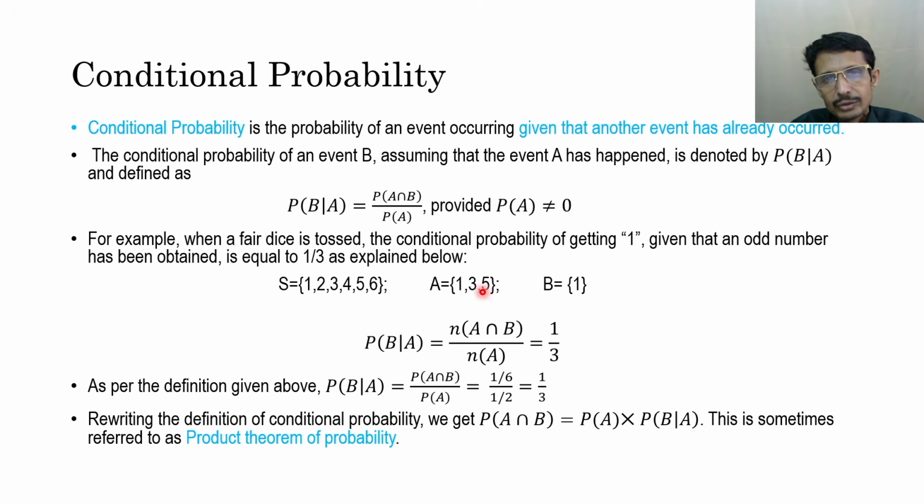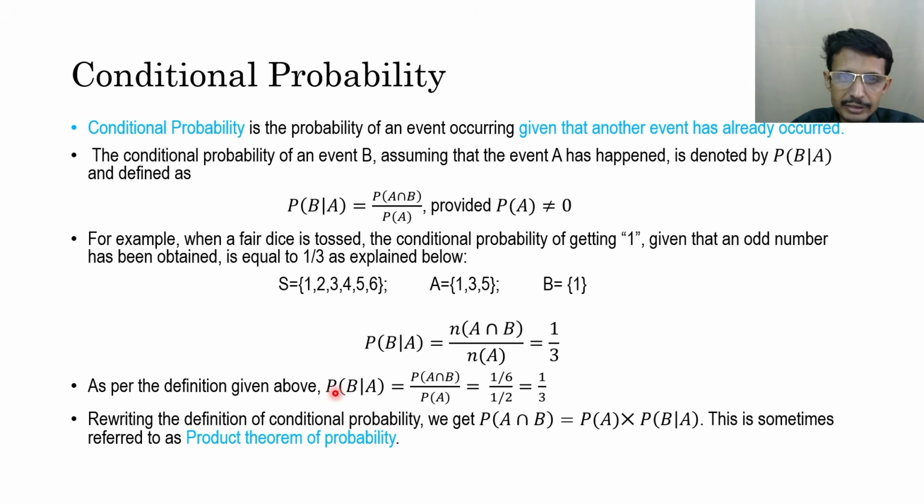A is 1, 3, 5. So that odd number is obtained given that. So A is given and B is 1. So P of B given A, that is number of A is equal to 3, number of A intersection B equal to 1, so it is 1 by 3.